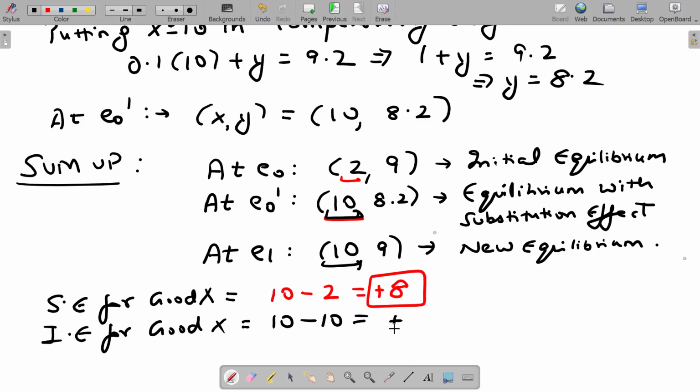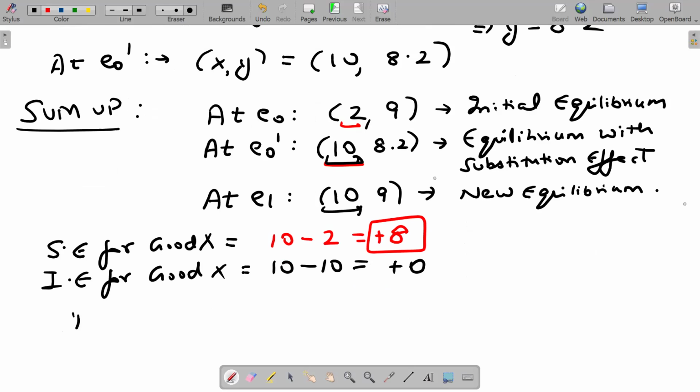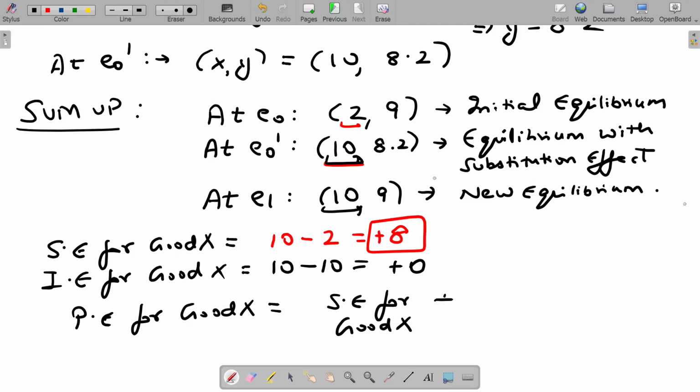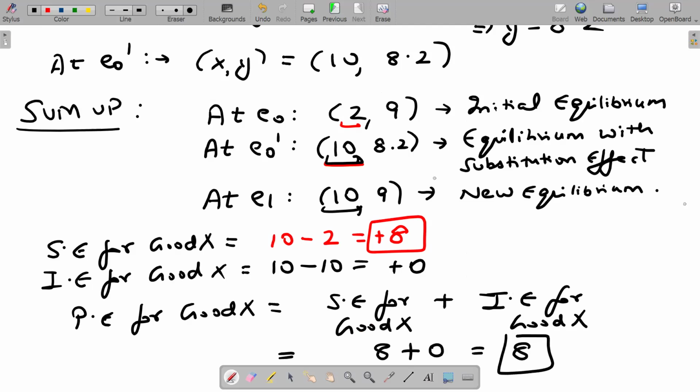So 10 minus 10, which is 0. And what's the price effect? The price effect for good x is the sum of the substitution effect plus the income effect. The substitution effect is 8. The income effect is 0. So the price effect is 8. These are the answers for this question.